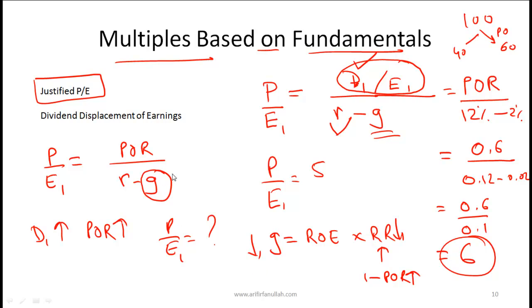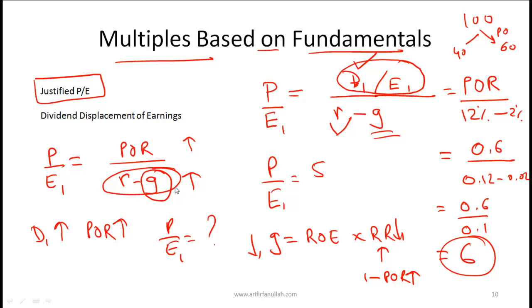If the growth rate is going down, that means that this whole denominator is going up. If the denominator is going up, that means that because of this denominator going up, the PE ratio is coming down. So the point here being that just because the dividend is going up doesn't necessarily mean the PE is going up, because both our numerator as well as our denominator are going up.